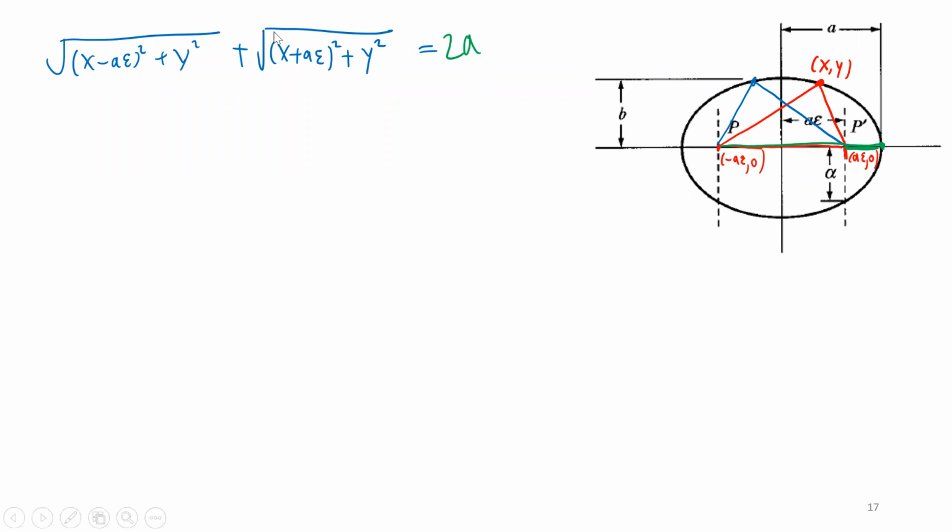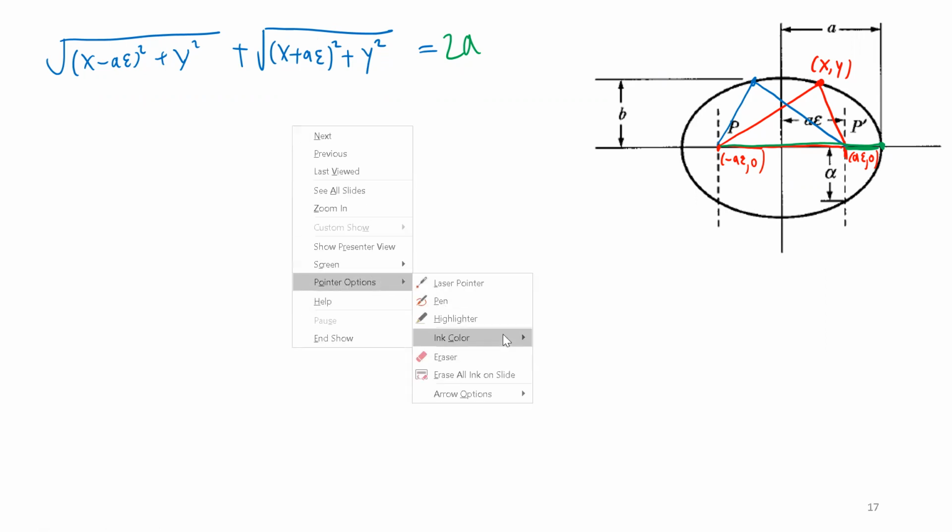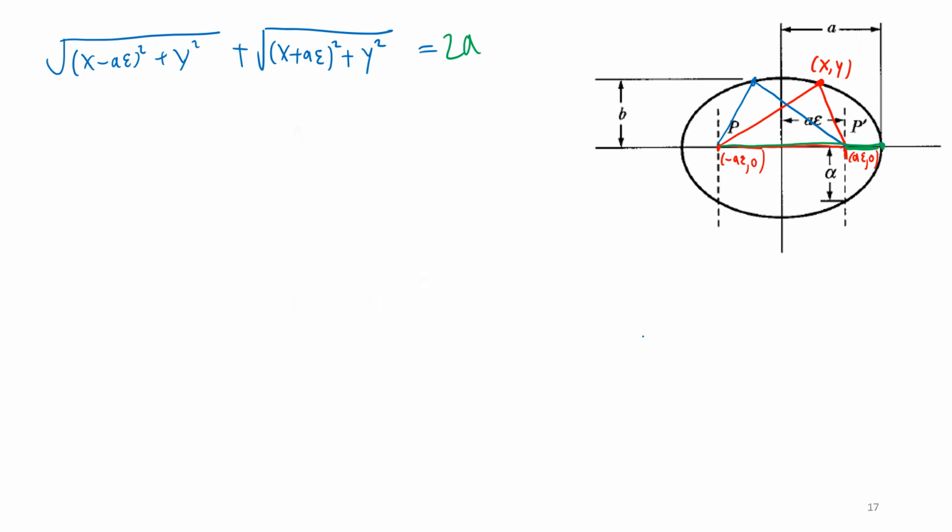So I won't really finish the whole derivation, but you can try to show it by yourself. Let me just do one or two steps. If you just keep this on the left hand side, and move this term to the right hand side, and then square both sides, what you have is the following.